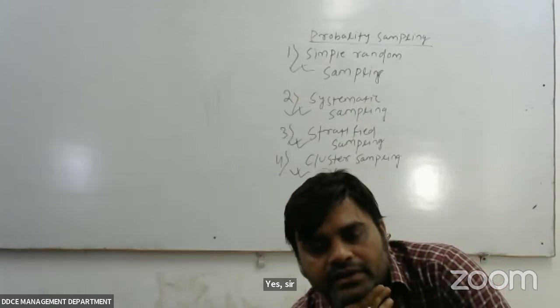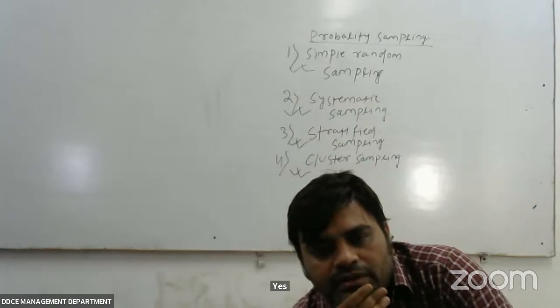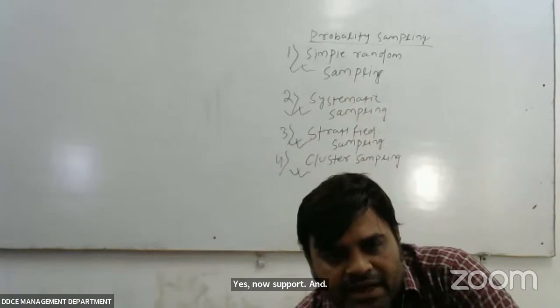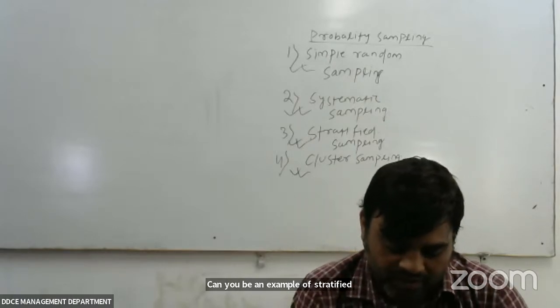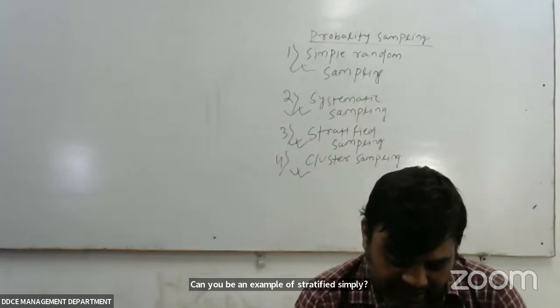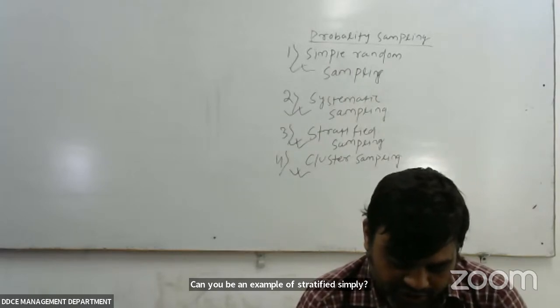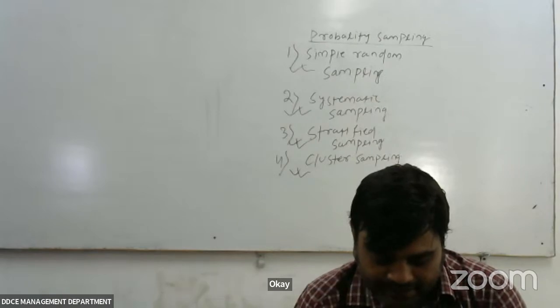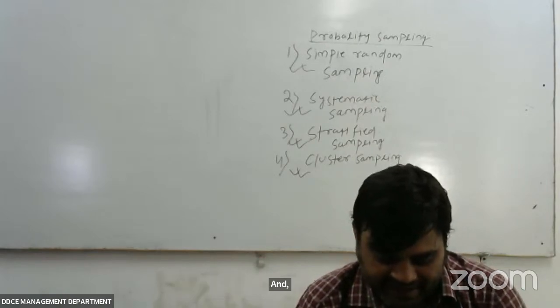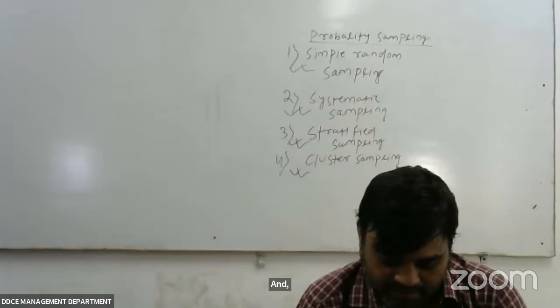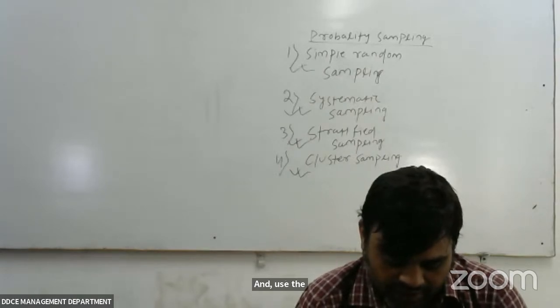Similarly, can you give an example of stratified sampling? Tell me the research area where you want to do the research and use stratified sampling there. Anyone? So let's see.